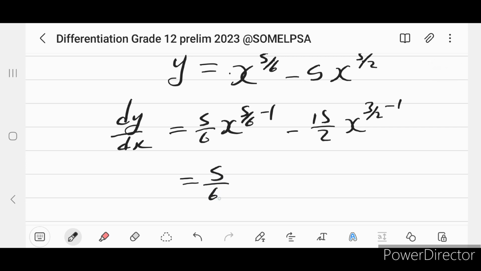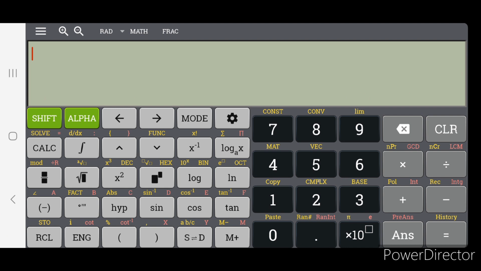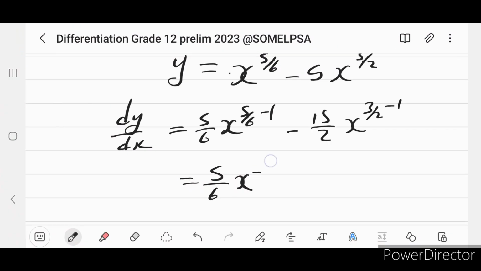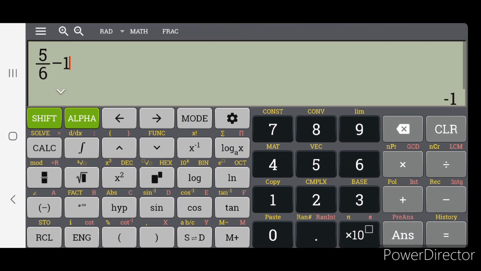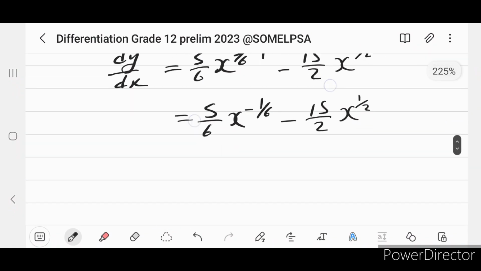Therefore 5 over 6 x to the power of 5 over 6 minus 1, so that is minus 1 over 6, and then minus 15 over 2 x to the power of 3 over 2 minus 1, so that is 1 over 2. You can leave it right there.